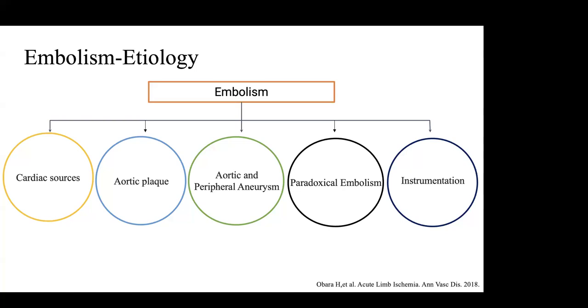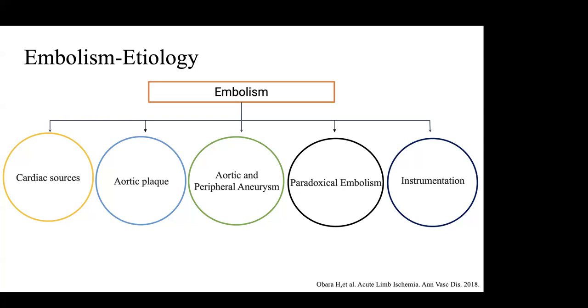However, thrombus formation is common, and dislodgement can occur rarely, but it can be a source of embolization to the lower extremity. And embolism can happen during the manipulation of the aneurysm during an open or endovascular repair.